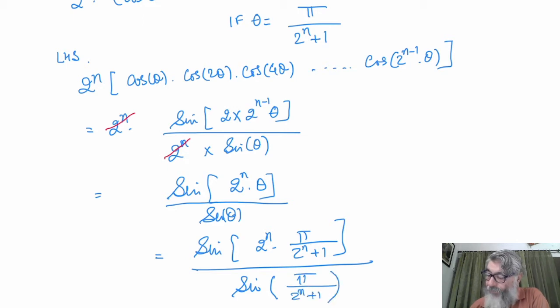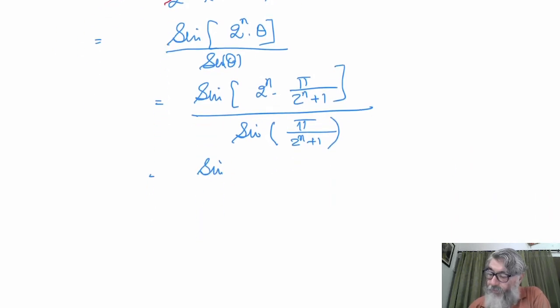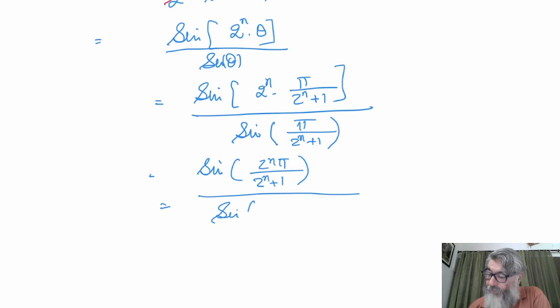So let us put that value. It will be only sine theta in the denominator, where theta is pi upon 2n plus 1. Now we have to simplify it. In the numerator it is sine of 2n pi upon 2n plus 1, upon sine of pi upon 2n plus 1.